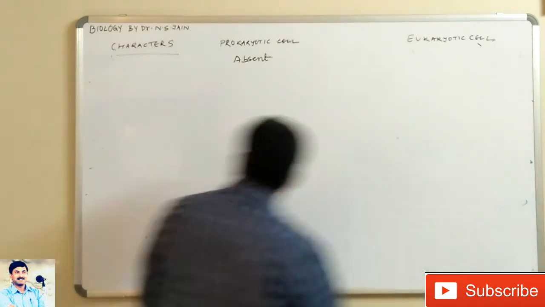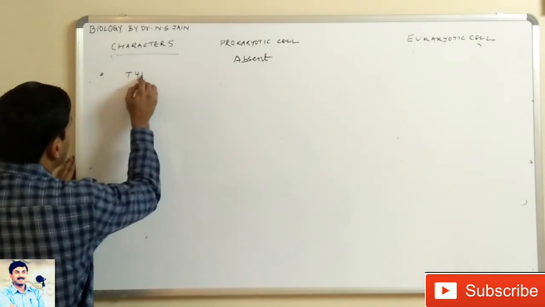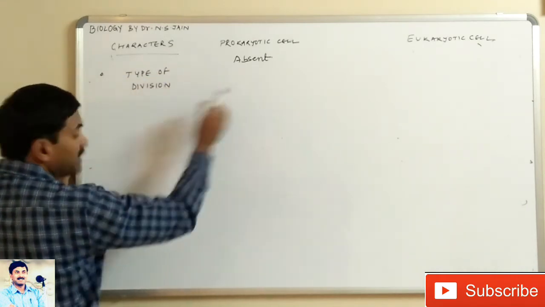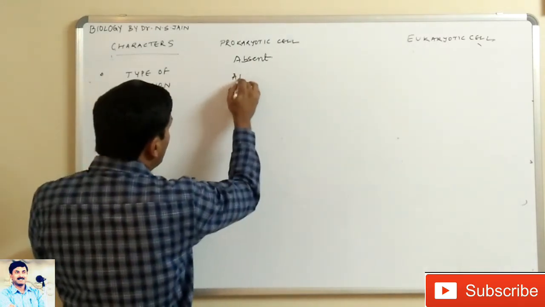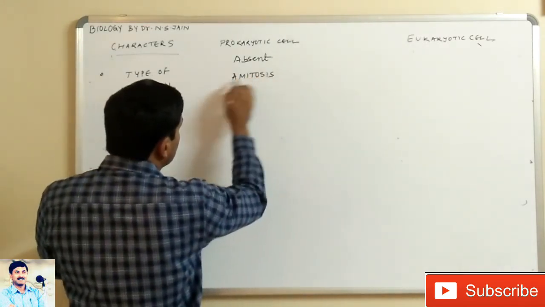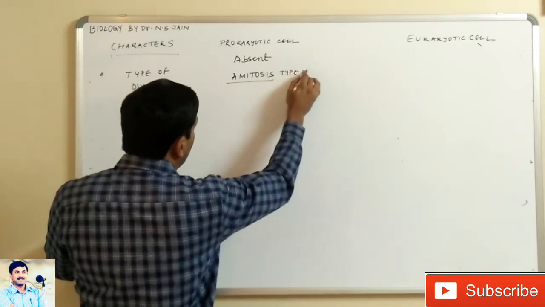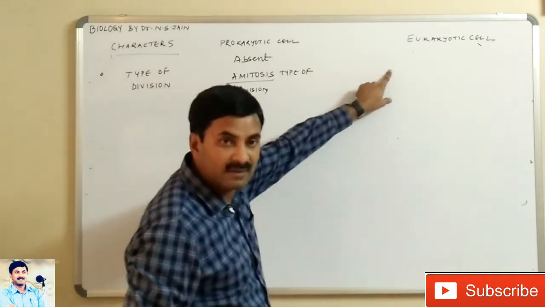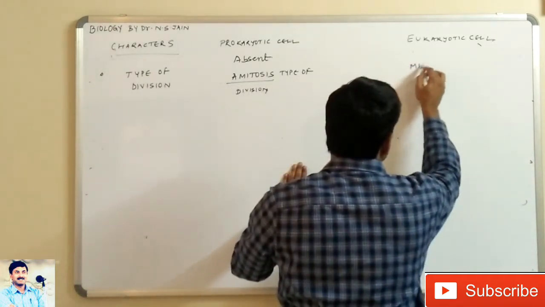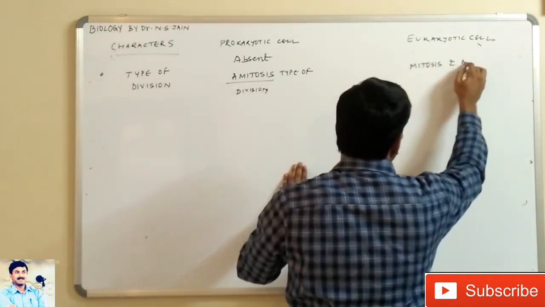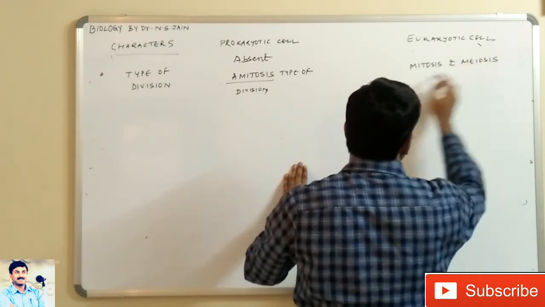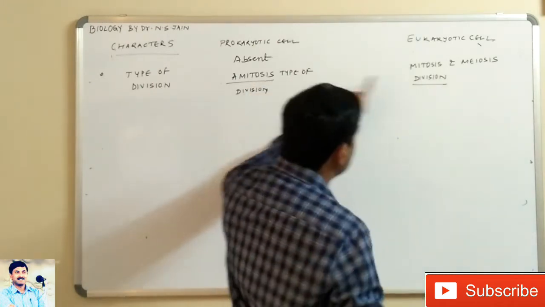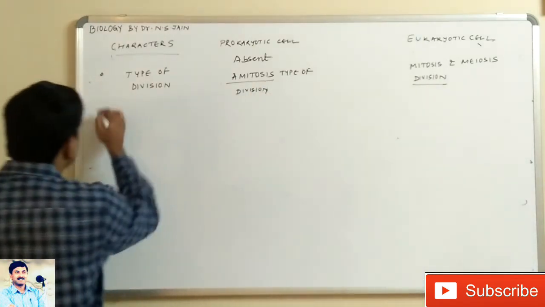Now, type of division. Here amitosis type of division is present. Here mitosis and meiosis division are present. Here amitosis, here mitosis.